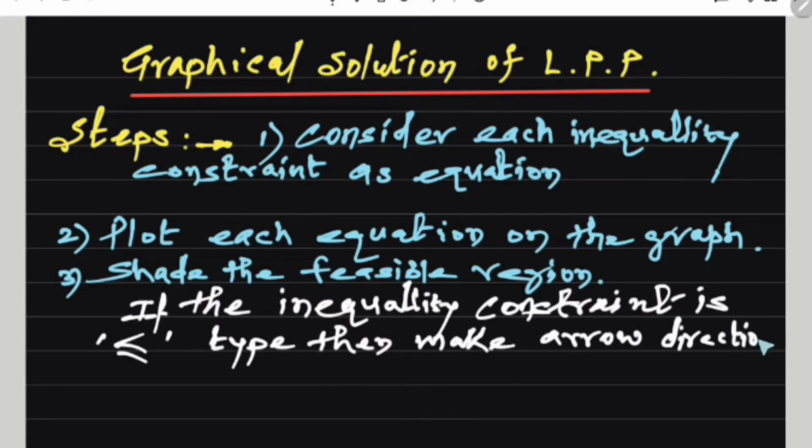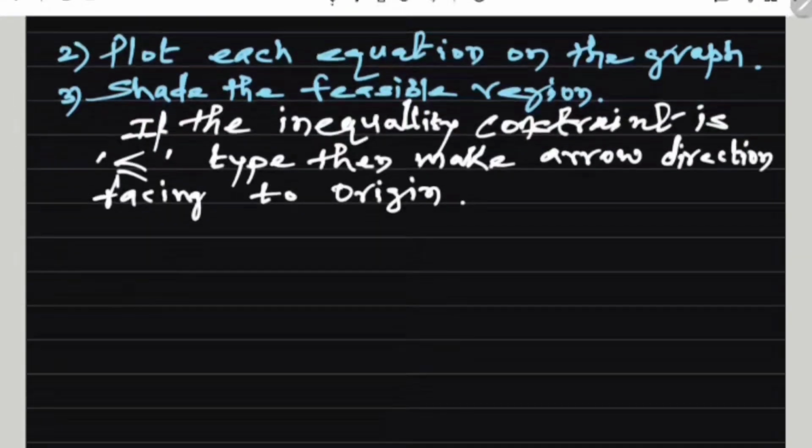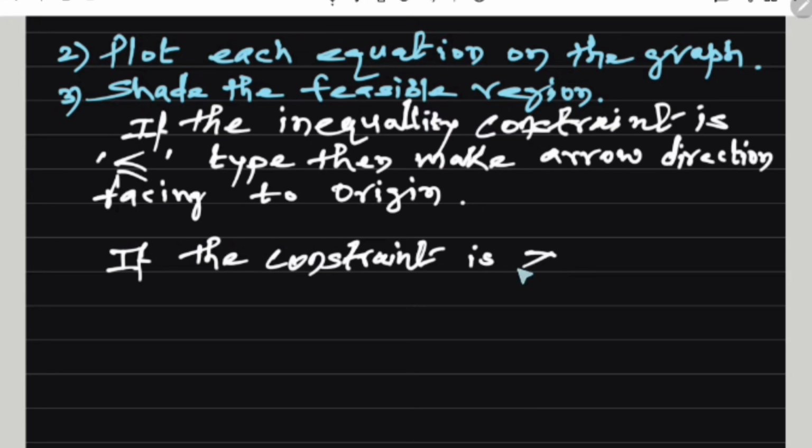This is an important step. Whenever inequality constraint is less than or equal to type, we have to make the direction of the arrow facing towards origin. And second, if the inequality constraint is greater than or equal to type, then make the arrow direction away from the origin.